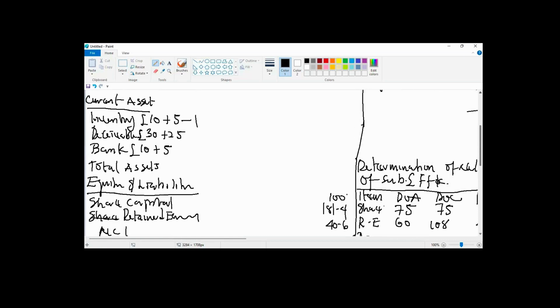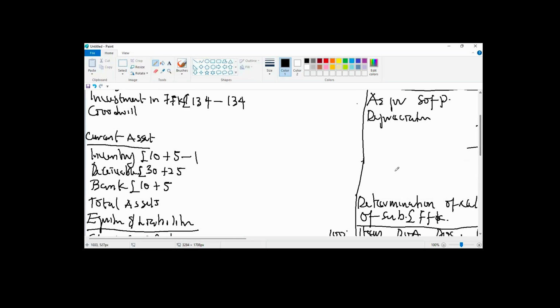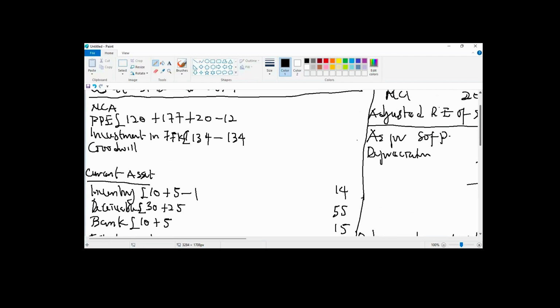Then this is 14, 15, 55. What is the goodwill? 10. PPE. Give us the figure for the PPE. 305.